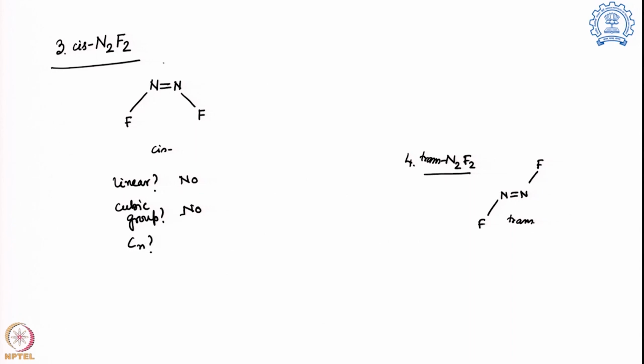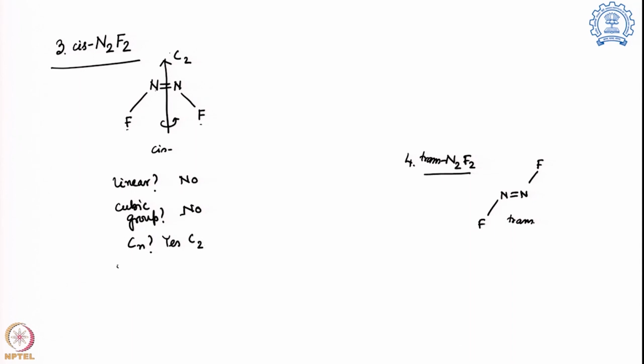When you look into it, you can find there is a C2 present over here. If you rotate 180 degrees, the nitrogens exchange places, the fluorines exchange places, but you are going to get a superimposable and indistinguishable form. So, that means a C2 is present, yes, it is C2.